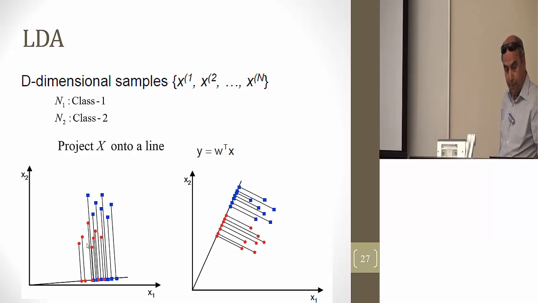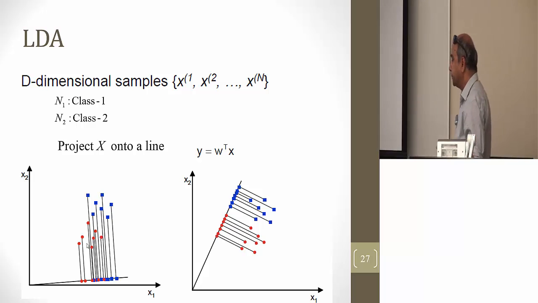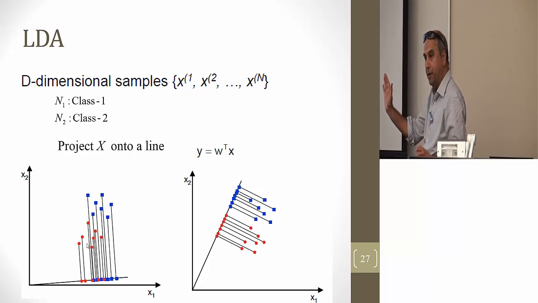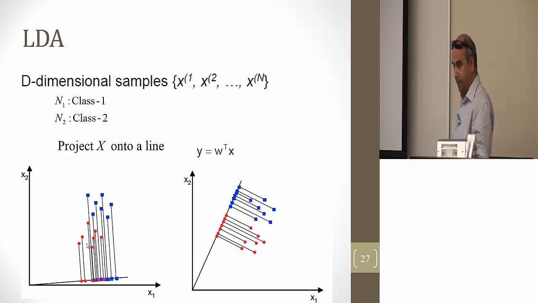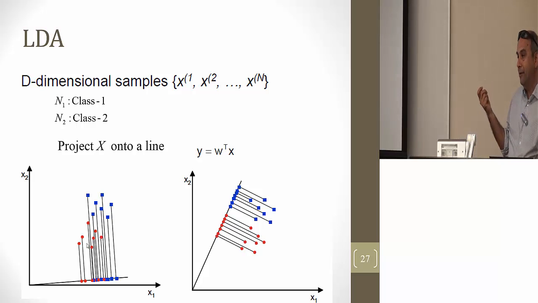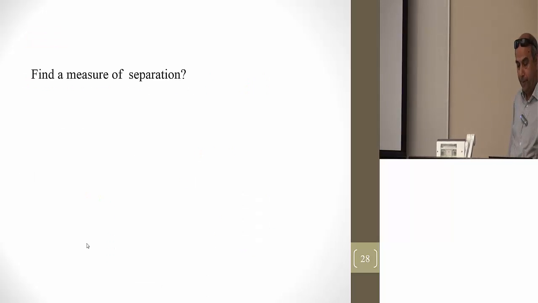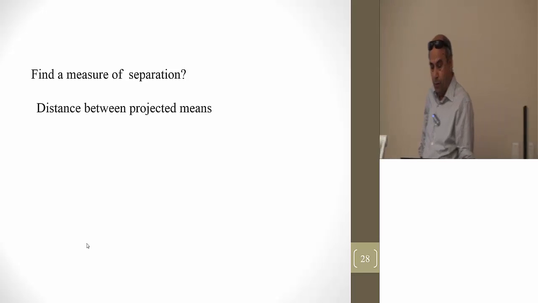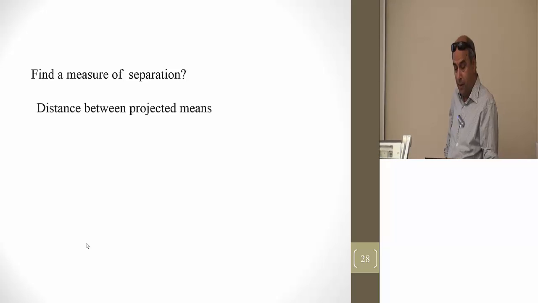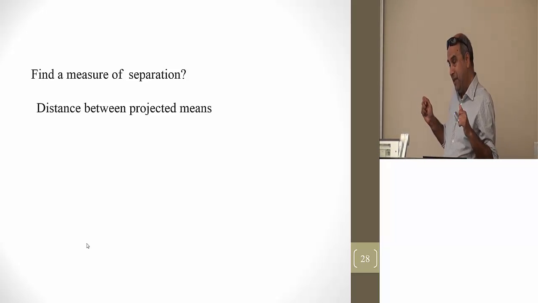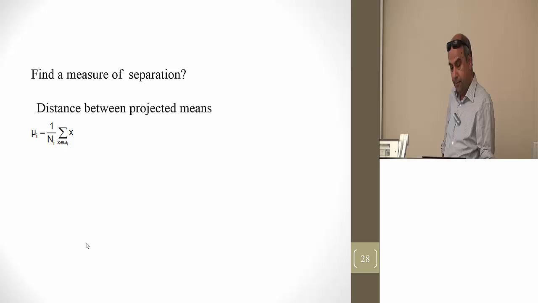Okay? Now if you look at this projection, the line we are projecting to, now we can separate because the blue ones are further away from the red ones. So we want to find that line, that w, onto which we project this two-dimensional space so that they are separated. Okay? So what is the measure of separation? We will say the distance between the means should be large.